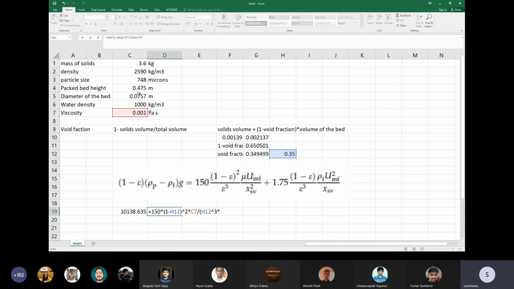X is nothing but particle size. This is squared. I have to convert it to meters, so I divide by 1e minus 6, converting microns into meters.